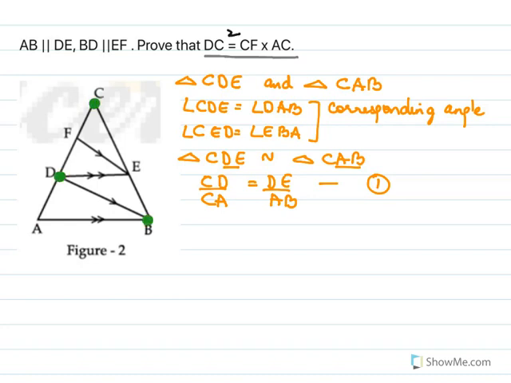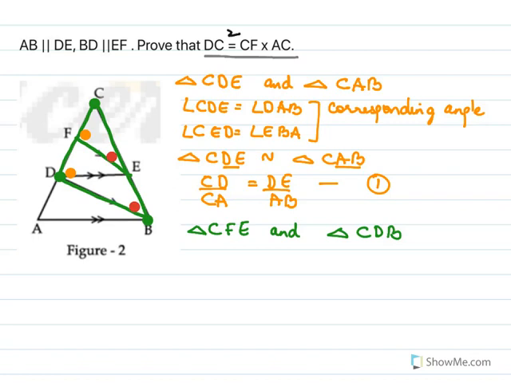We'll put it in green. So we have CDB, and in CDB we have this line that is parallel. So here we have two triangles again. We have triangle CFE and triangle CDB. These two triangles are also similar. F equal to D, corresponding angles, and we have E equal to B, also corresponding angles.